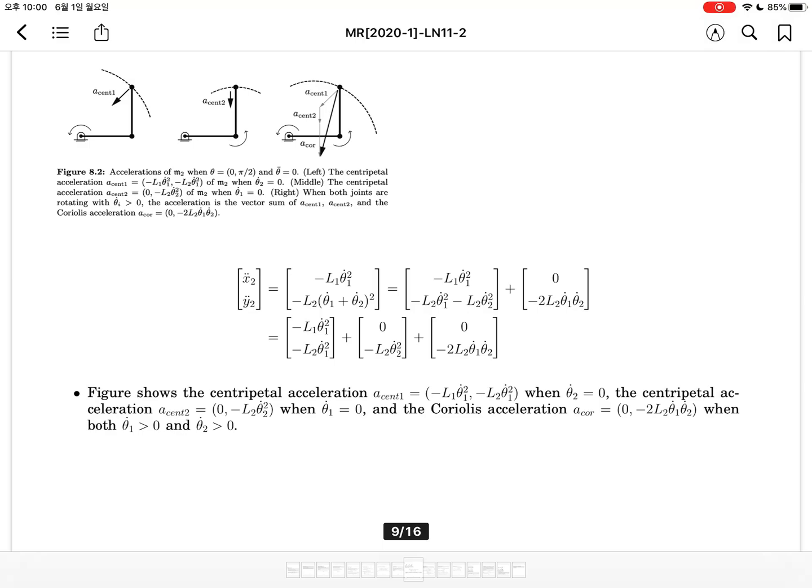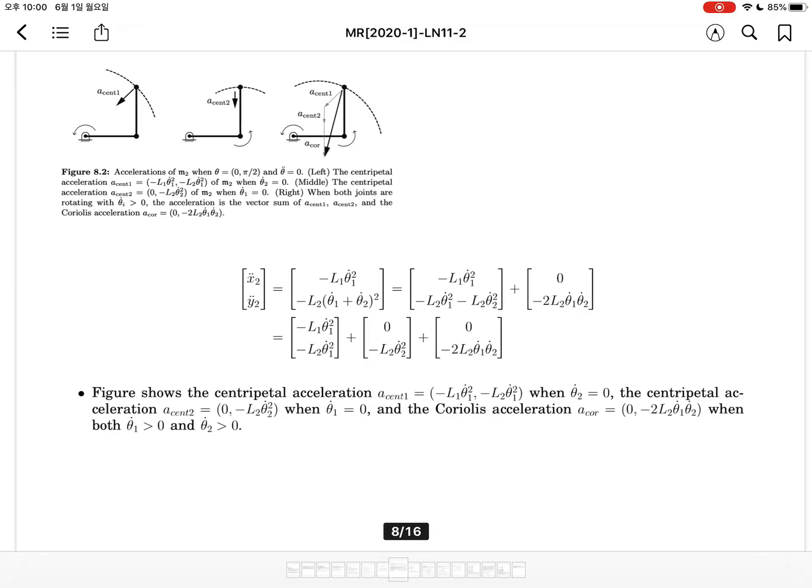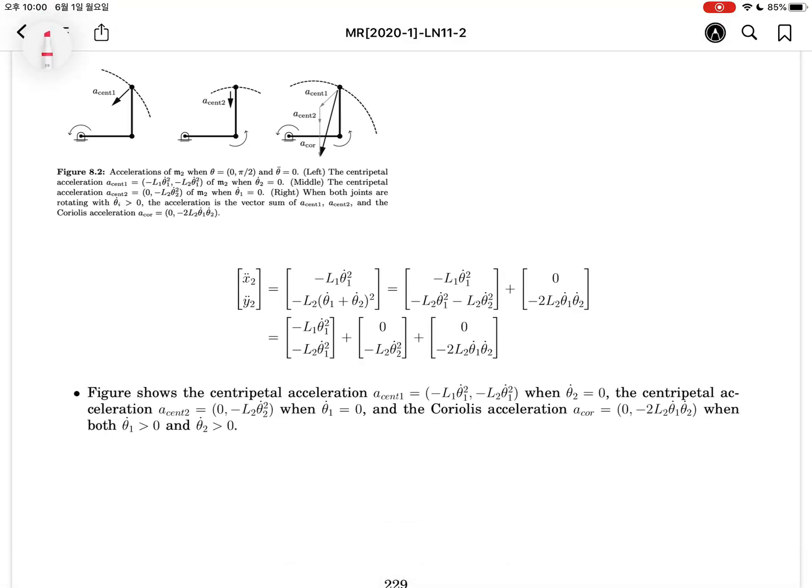In the viewpoint of the acceleration of the mass, we have just two terms. Let's expand the second term: theta 1 dot square plus 2 times theta 1 dot theta 2 dot, plus theta 2 dot square. According to the centripetal and Coriolis terms, we decompose the acceleration vector into two terms like this.